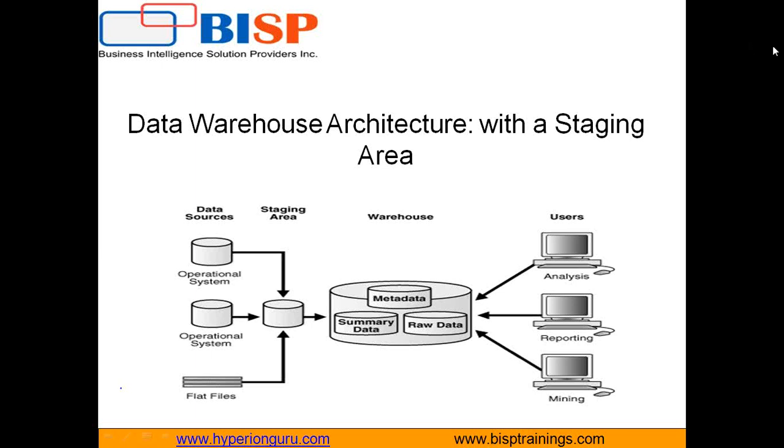Now data from first operational system is available at 9 AM. The data from the second operational system is available at suppose 11 AM, and the flat file information is available at suppose 1 AM.